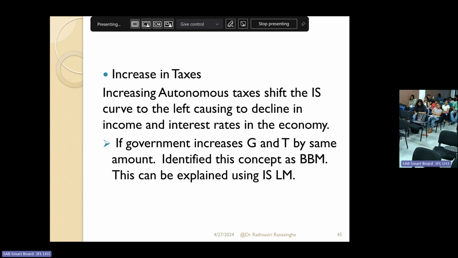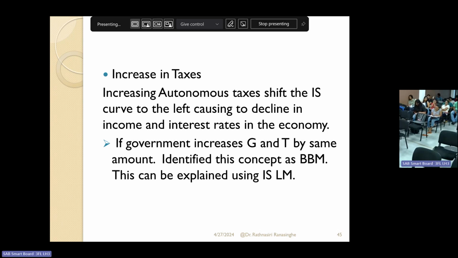Increase the aggregate demand, income, and consumption, again aggregate demand. That impact is always positive for the expenditure. But if we take the tax multiplier, if the government raises taxes, what happens? The disposable income reduces, consumption reduces, income reduces.